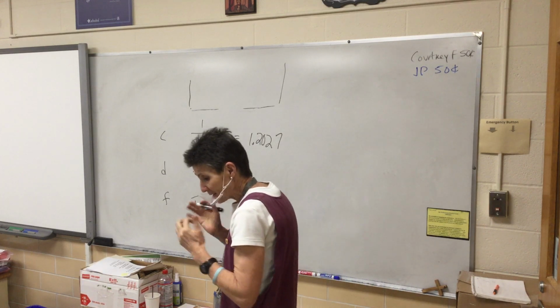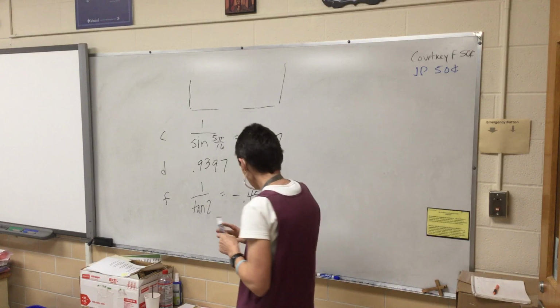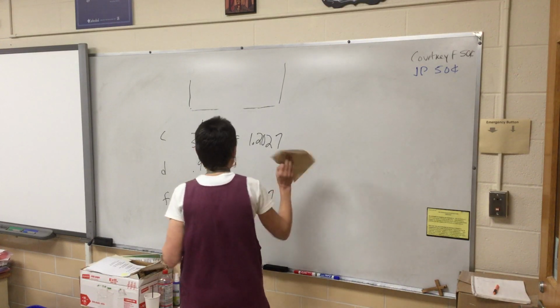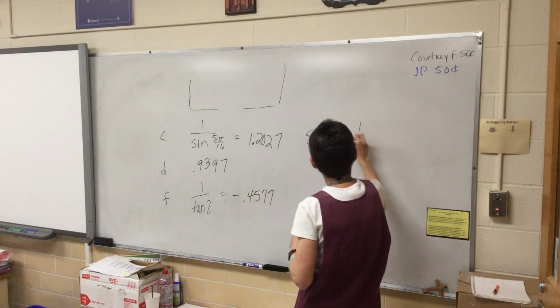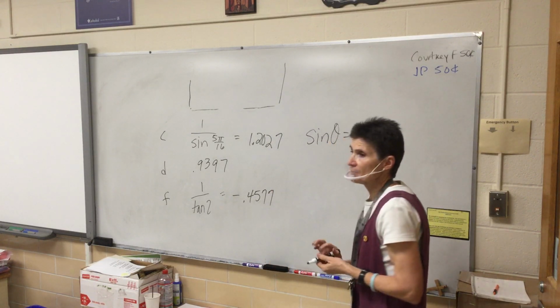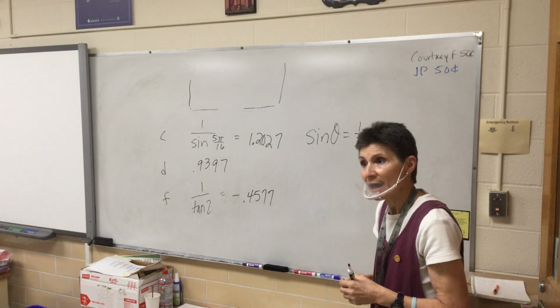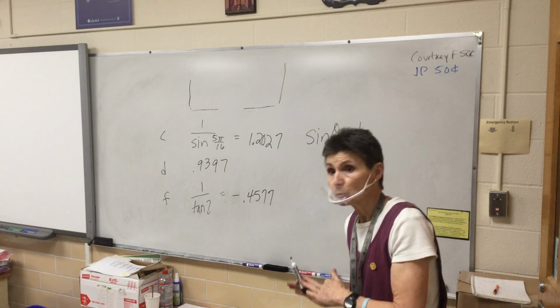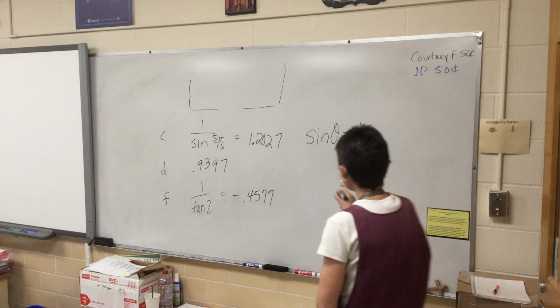Okay, now the next question says, the sine of theta is 1/2. And your job is to find the angle that has a sine of 1/2. Now your calculator will do this for you, but we're doing it without a calculator. So here's what I want you to think about.